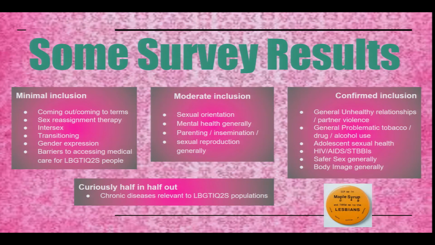This list was what I came up with after doing research into what the actual phenomenological health issues faced by LBGT people are. And then curiously, half of them reported that it was really high in the curriculum and half reported that there was none in the curriculum at all.